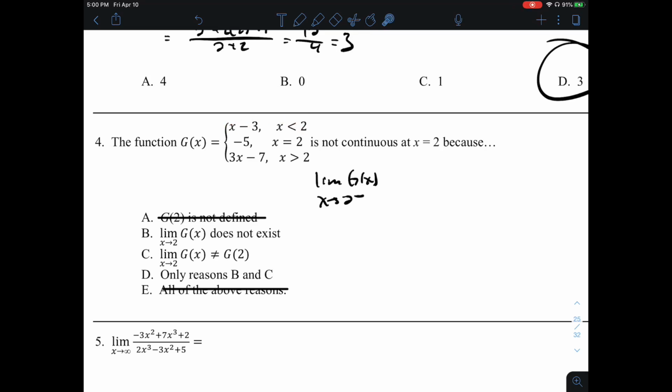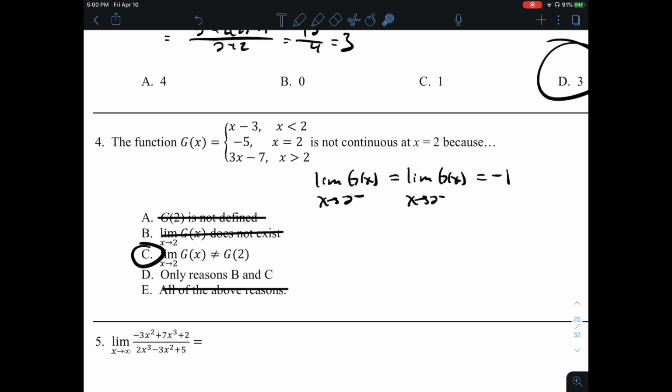That would be putting a 2 into this. If we approach 2 from the right, that's going to be 3 times 2 is 6. 6 minus 7 is negative 1. That also works. Those are both negative 1. So the two-sided limit exists. So that's not true because it does exist.